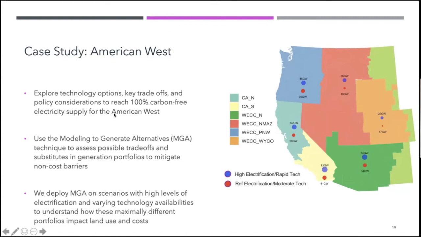And then we find maximally different land use options across the American West, right? So instead of presenting all of our results, I am only going to talk about the results for the high electrification scenario, and only about a case where all the clean technology options are available for capacity expansion.